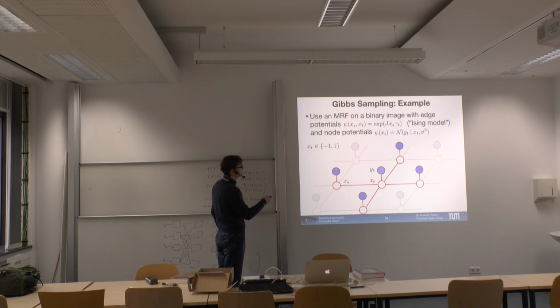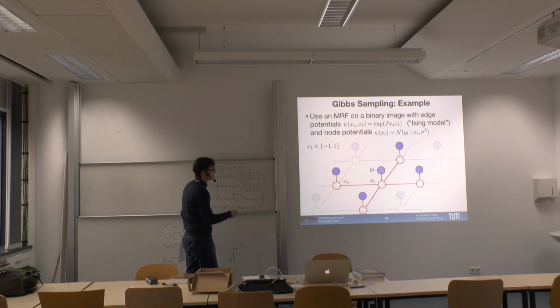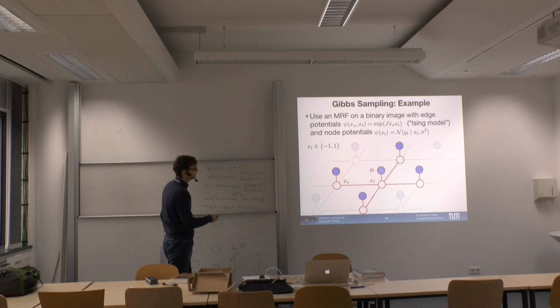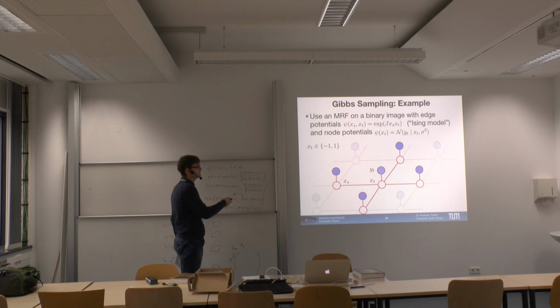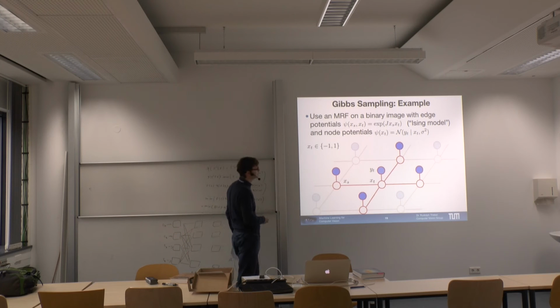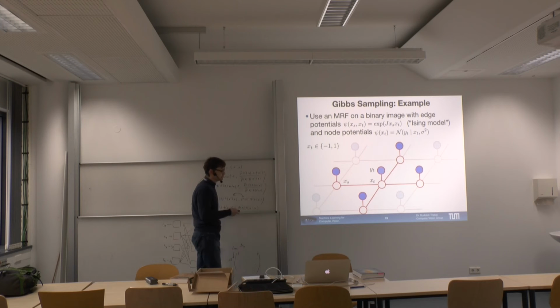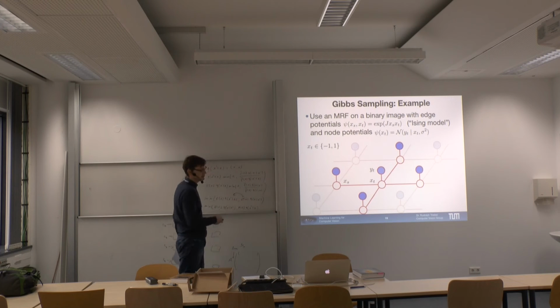And now we have these edge potentials here, which simply say if two nodes have the same label, then this has a higher potential than if they have different labels, right? So this J thing is a parameter again that we assume we know from the algorithm, and this exponential here simply says if xs and xt have the same sign, then this is a high potential, and otherwise this is a low potential, right?